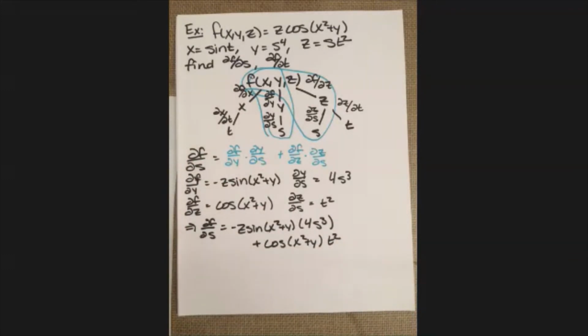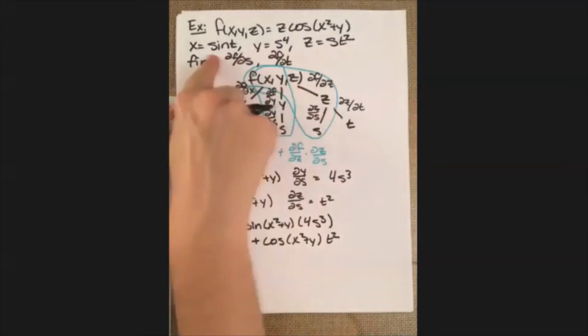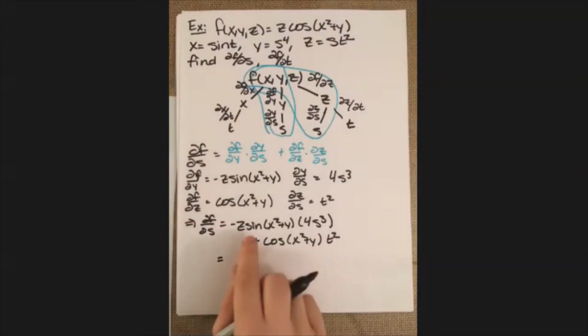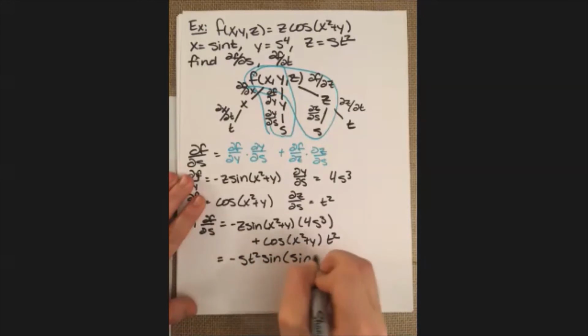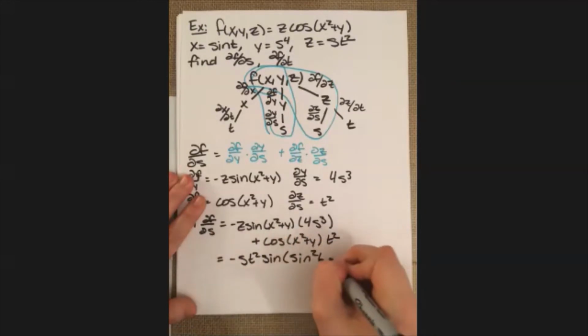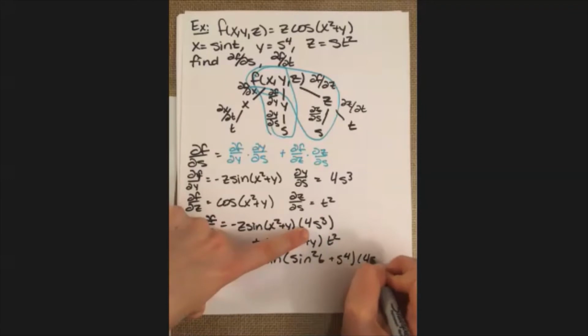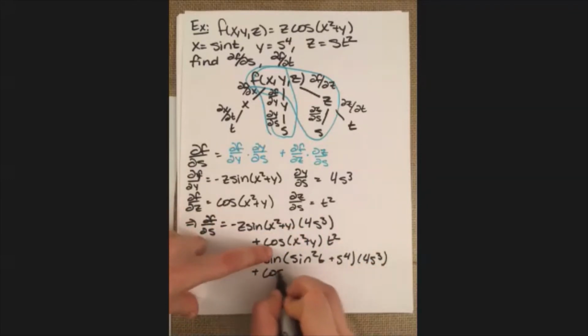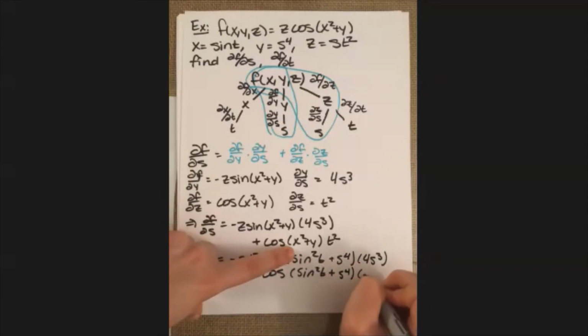Okay, so now at this point, what we're able to do is go ahead and swap out the z, x, y for their independent variables, what they're related to, and I'm going to get negative st squared sine of sine squared t for x, and then plus s to the fourth times 4s cubed, and then I'm adding to this cosine of x squared is going to be sine squared t plus s to the fourth, and then just times t squared.